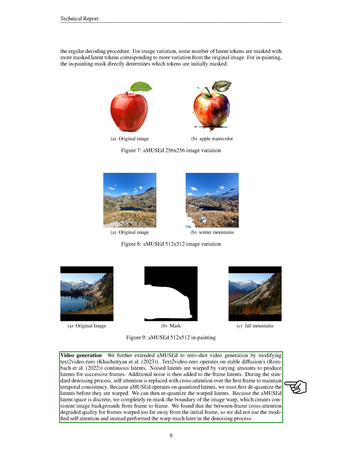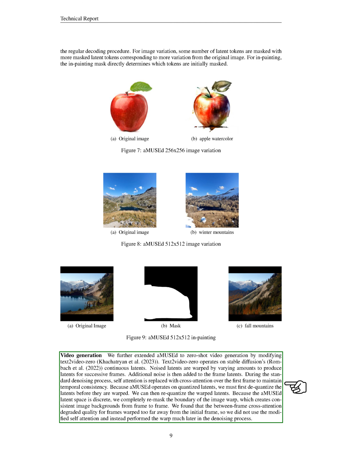However, because aMUSEd works with quantized latents, we first need to dequantize the latents before they can be distorted, and then re-quantize them afterwards. Since the aMUSEd latent space is discrete, we completely remask the boundary of the image distortion, which results in consistent image backgrounds from frame to frame. We found that using cross-attention between frames reduced the quality of frames that were distorted too much from the initial frame, so we decided to perform the distortion later in the denoising process.